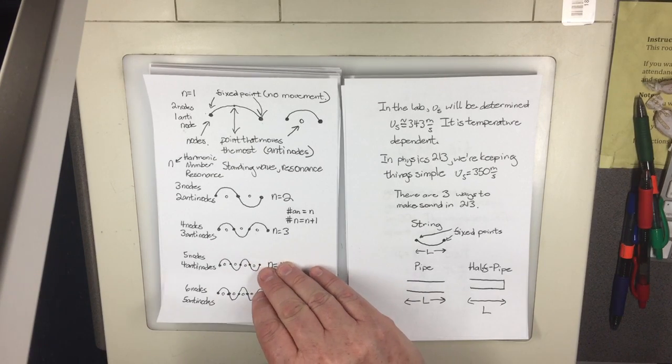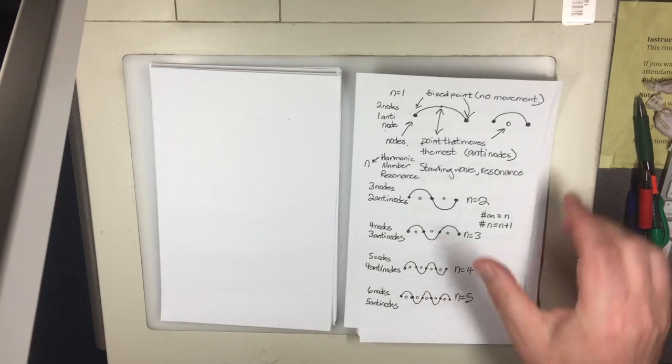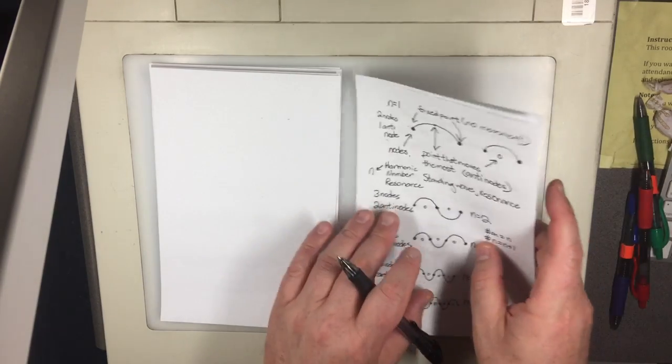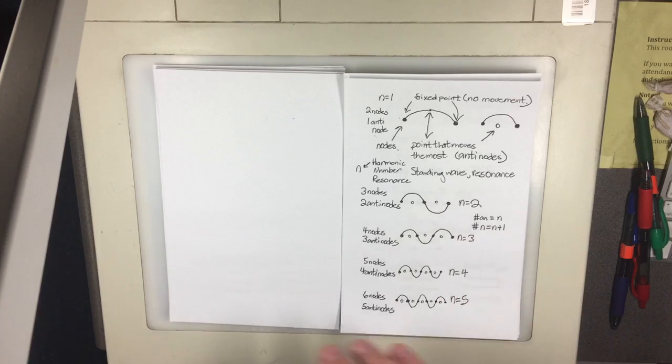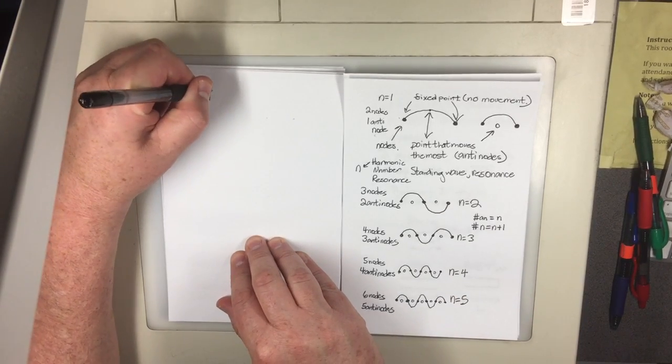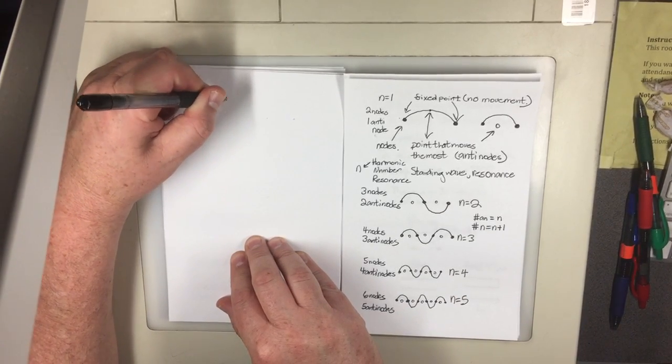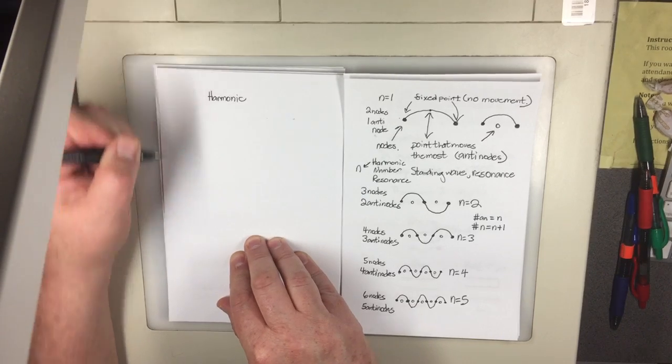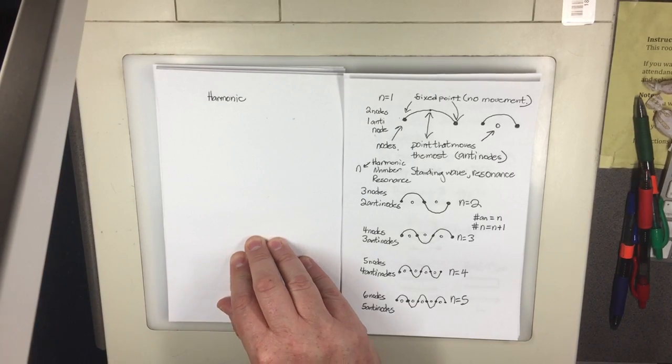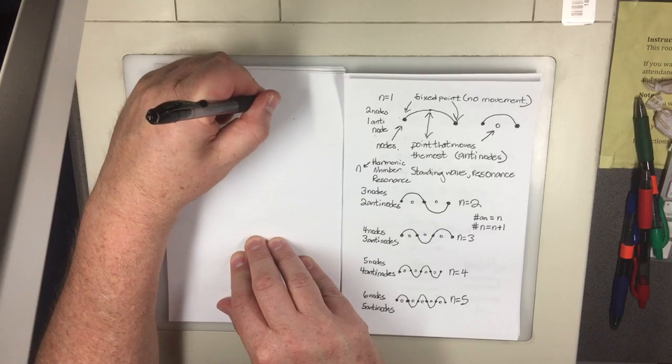There is a naming convention that these strings use. There is what I call the harmonic system of naming, and then there's what I call the overtone system.